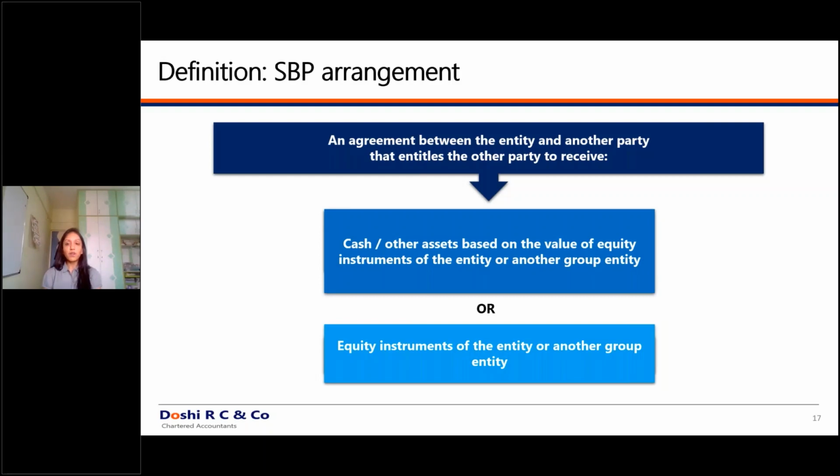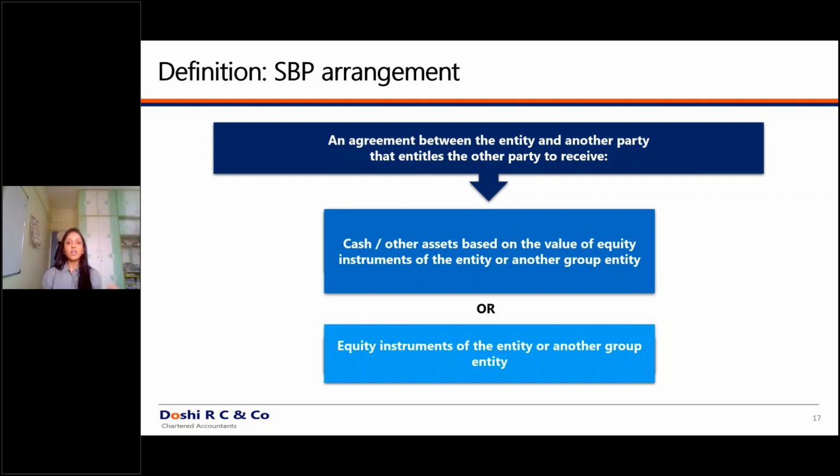So very important is, it should be dependent upon the value of the equity instrument of that particular entity or any other entity within that group. What does it mean? If I am a subsidiary company, my subsidiary company is not listed. Now, since my subsidiary company is not listed, employees will never be motivated to have my own shares. But my holding company is Tata Motors, which is a listed company.